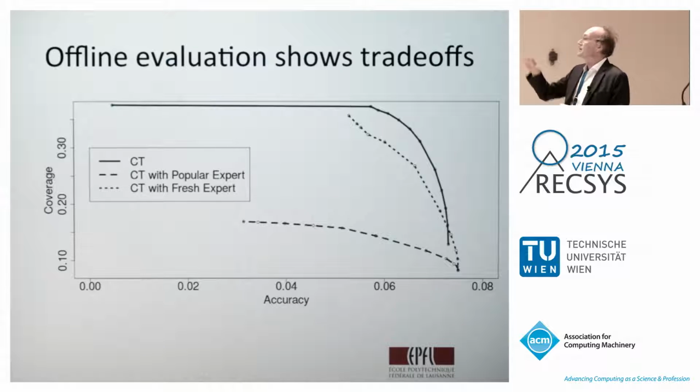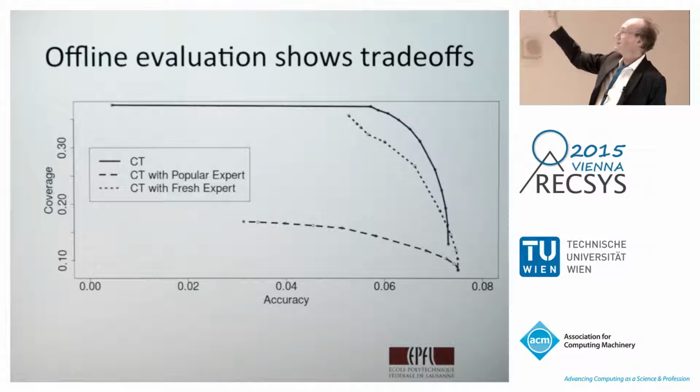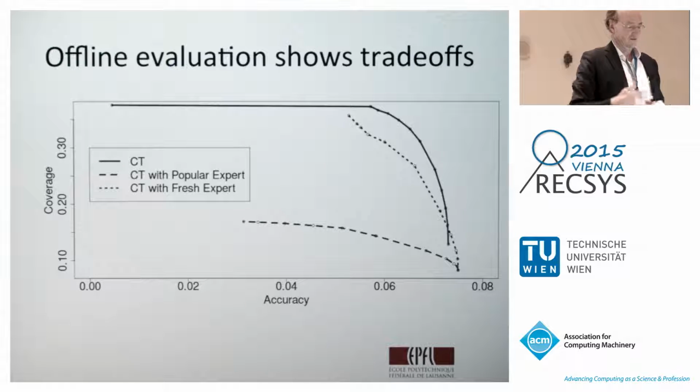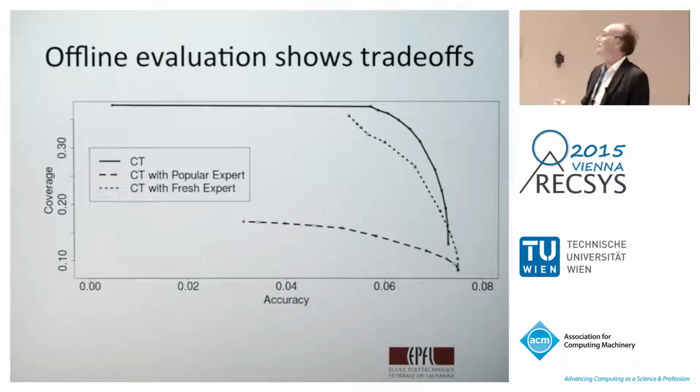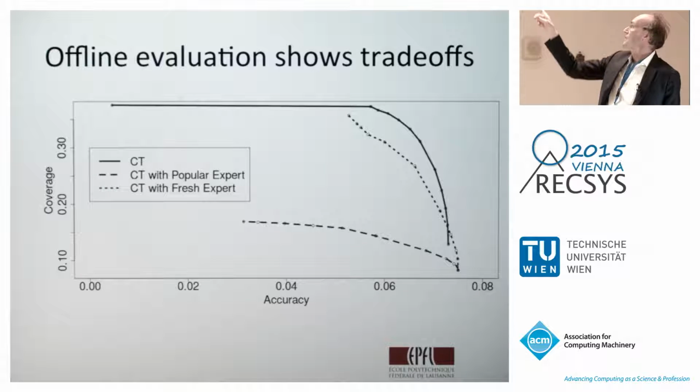And so we can mix that with a coverage criterion that shows for each recommendation how much this would increase the coverage. And so then here is an example. We can sort of see that we can get the points on this curve here.